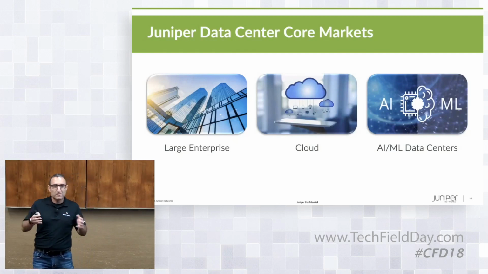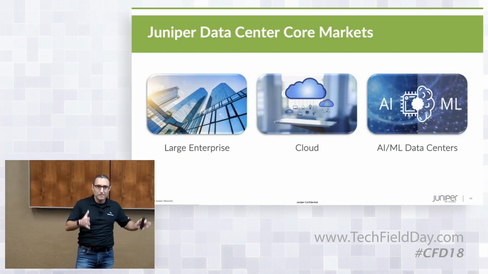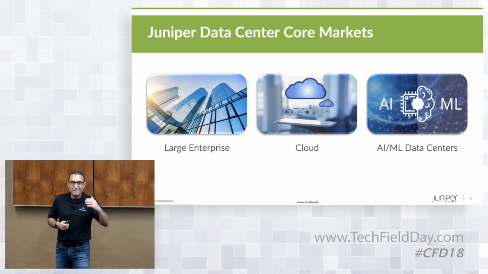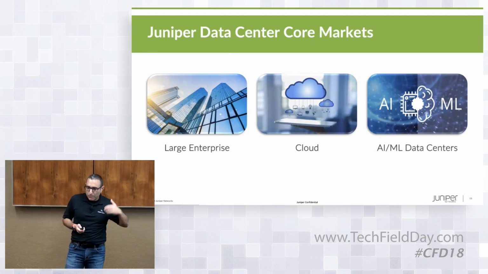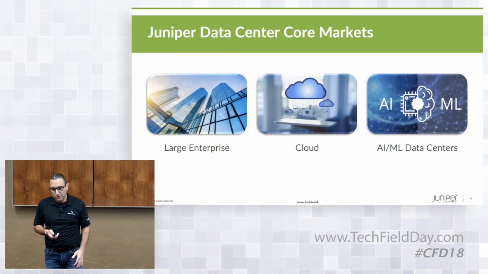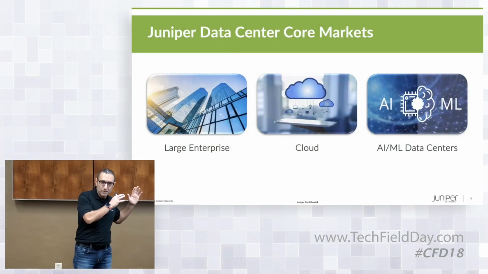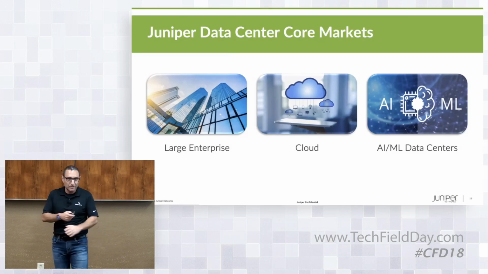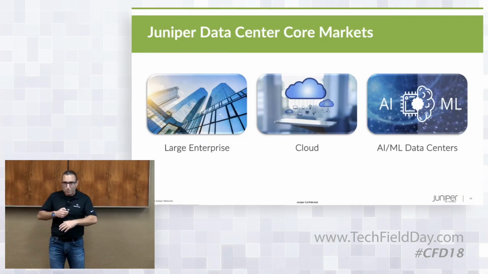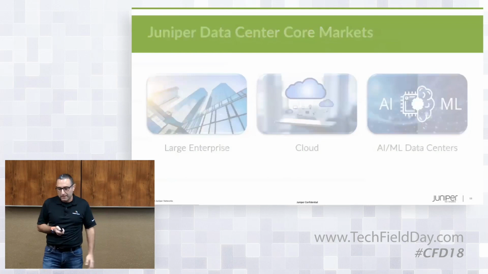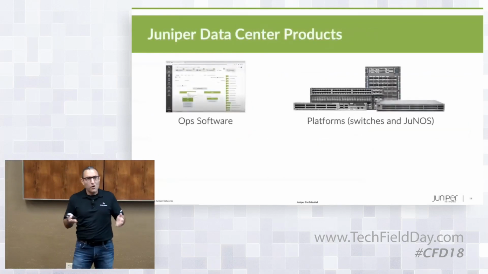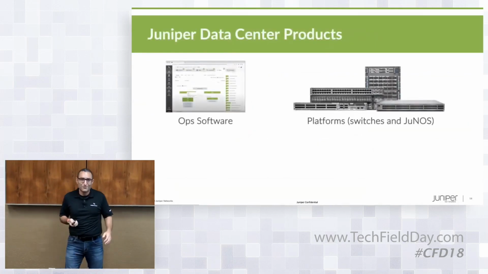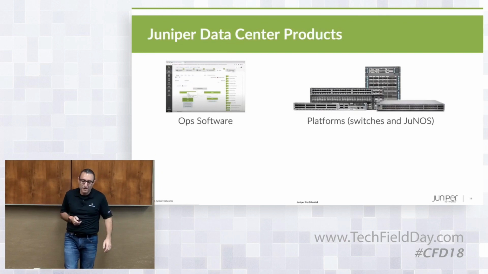And we focus, I would say, on large enterprises, cloud customers, and more recently, we're very focused on the AI ML data center opportunity, which actually cuts across both large enterprise and cloud. Both enterprises and cloud are building these AI ML data centers. And so what products do we deliver for those customers?